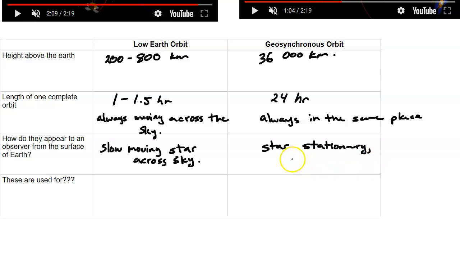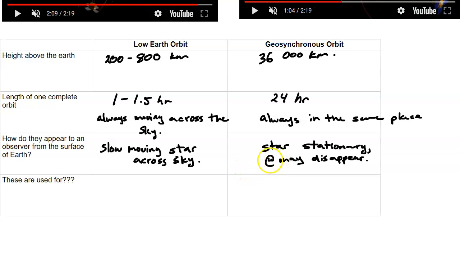However, at times it may disappear based on its relation between the Earth and its shadow.